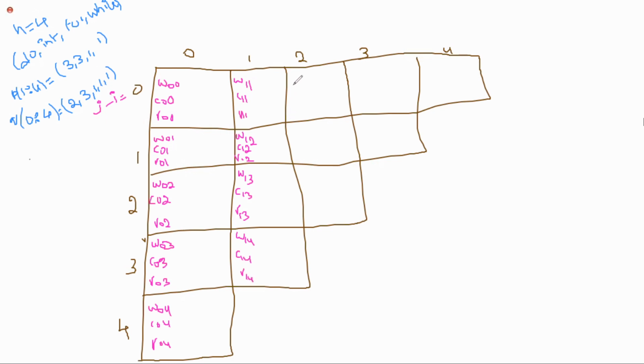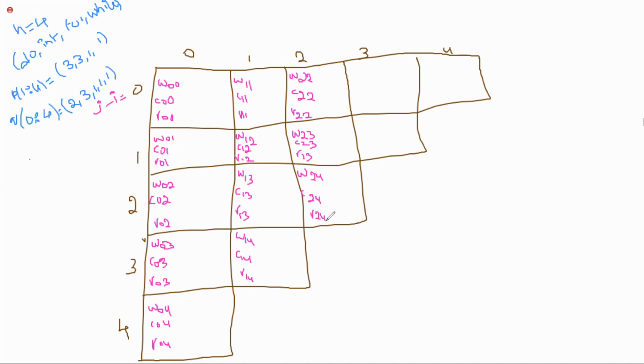Here the difference is again 0. 0 means W22, C22, R22. Here the difference is 1, so W23, C23, R23. Here the difference is 2, no?